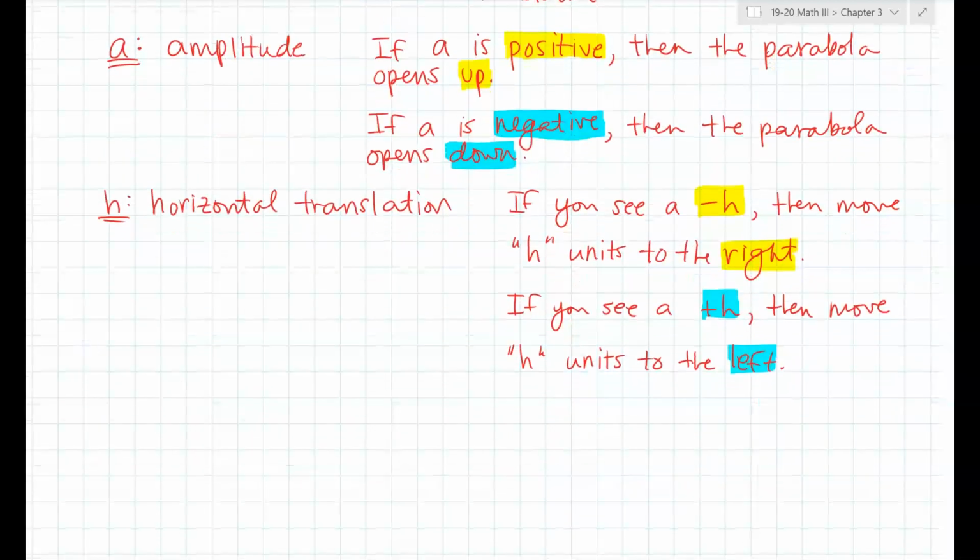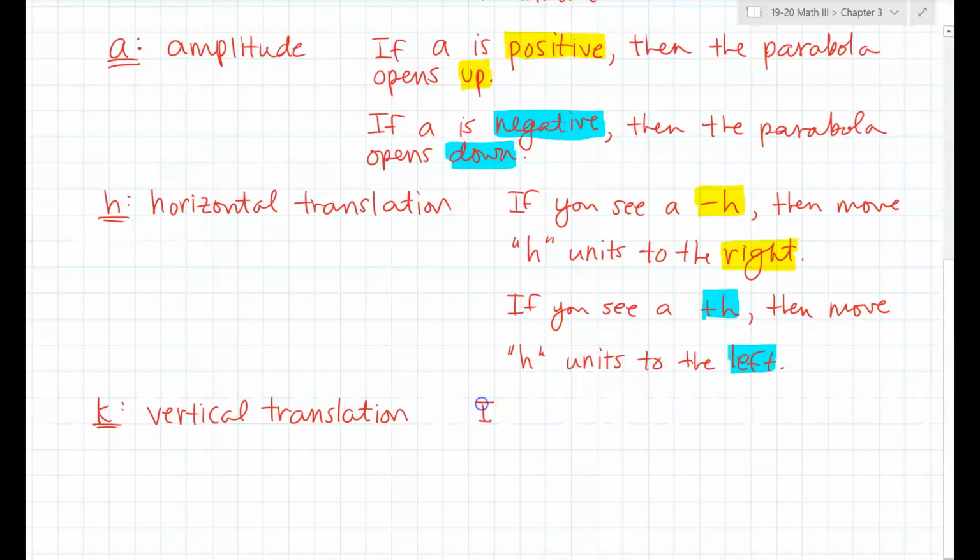Now the k value is our vertical translation. For the vertical translation, it moves it up or down. So if you see a positive k, then move up k units.